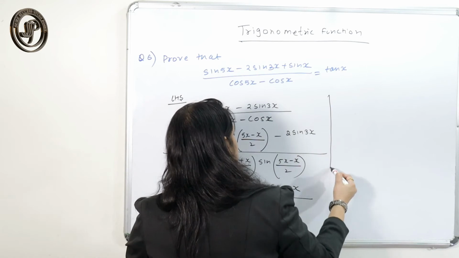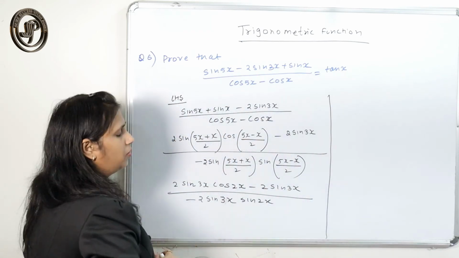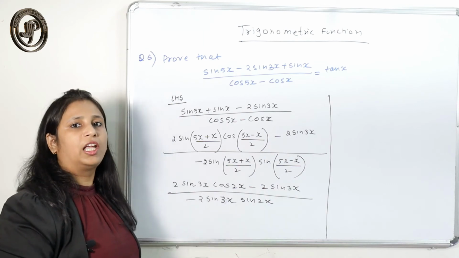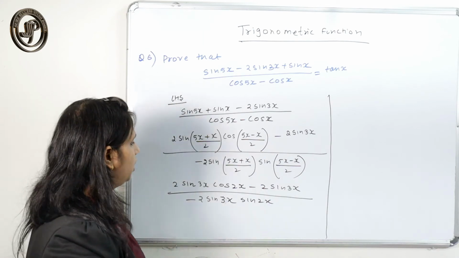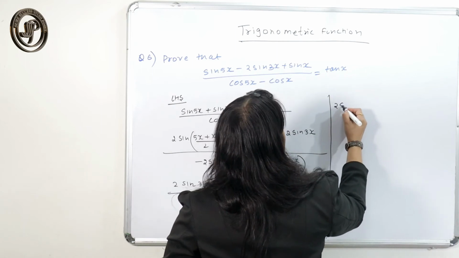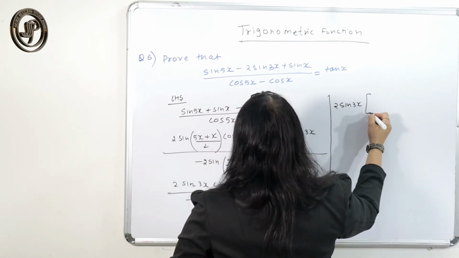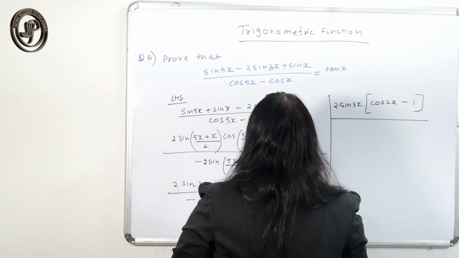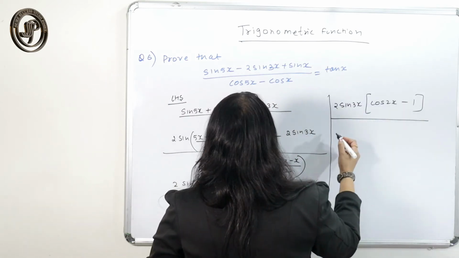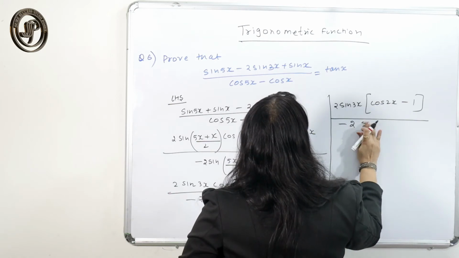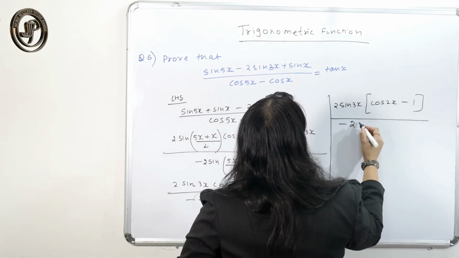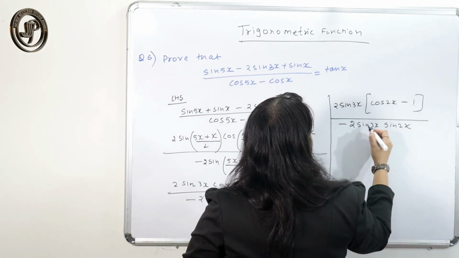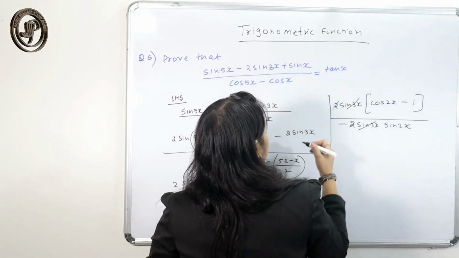Now from this term and this term, we can take 2 sin 3x common. So this is cos 2x − 1 only. And here it is −2 sin 3x sin 2x. Sin 3x will cancel out.